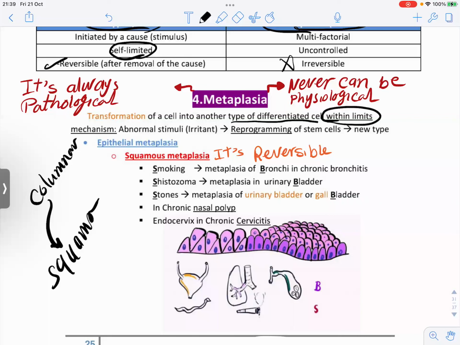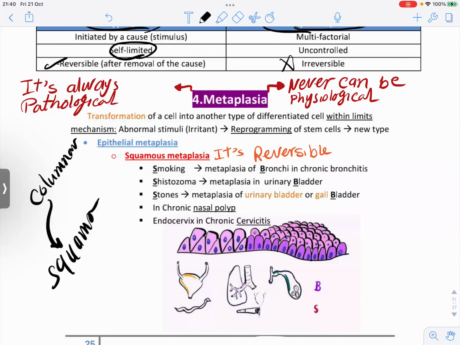Squamous can be transformed into columnar, and columnar can be transformed into transitional epithelial tissue, but all of them are still epithelial tissue. But you cannot say that epithelial tissue can transform into bone tissue. It cannot happen. So metaplasia is transformation of a cell or tissue into another type of cell or tissue within limits. If you don't say within limits, I'll give you 0.